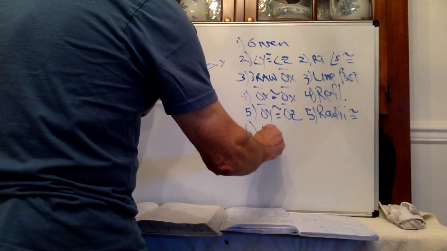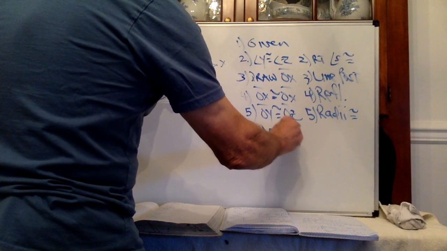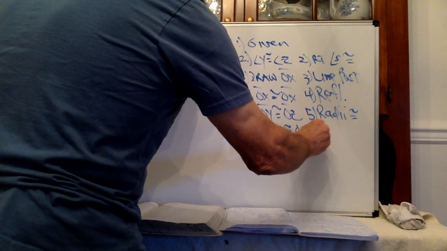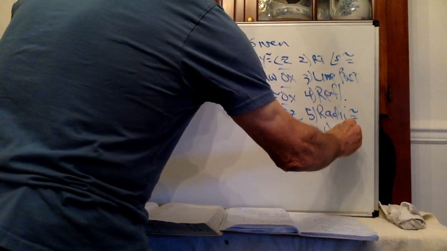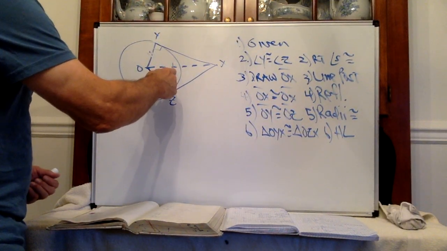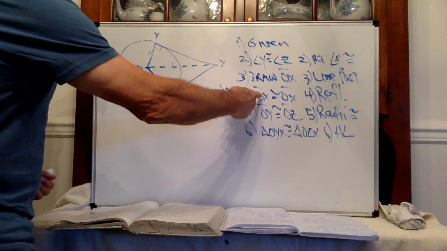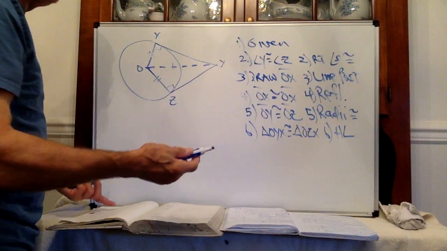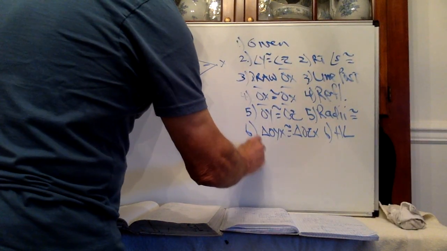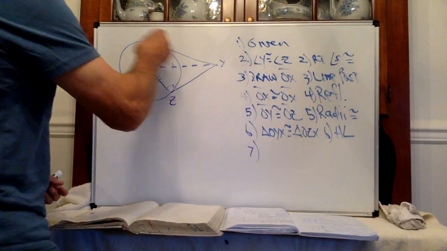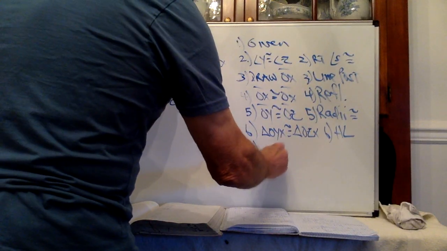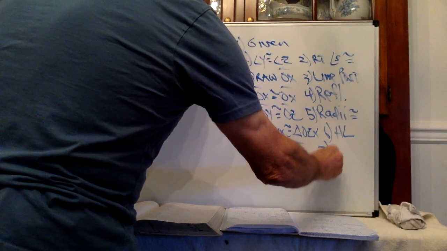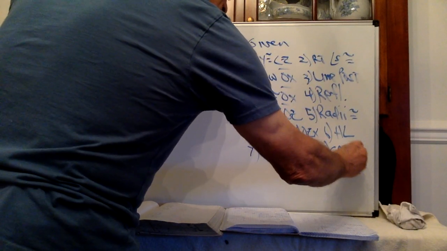Triangle OYX is congruent to triangle OZX by HL. The hypotenuse, the common line segment OX, is congruent to itself. And the legs OY and OZ are radii of the same circle. And we are now done. Since the triangles are congruent, YX is congruent to YZ by CPCTC.